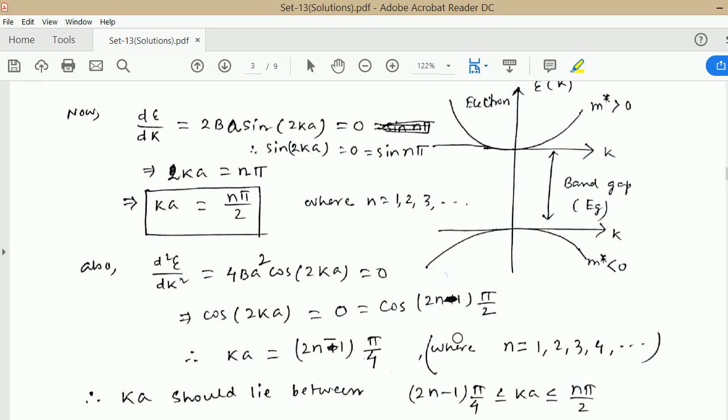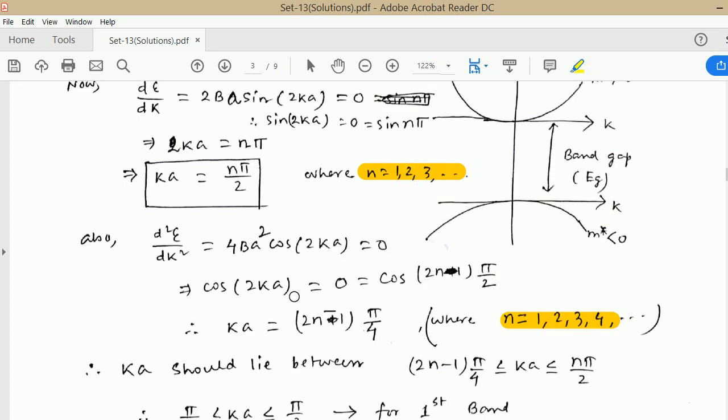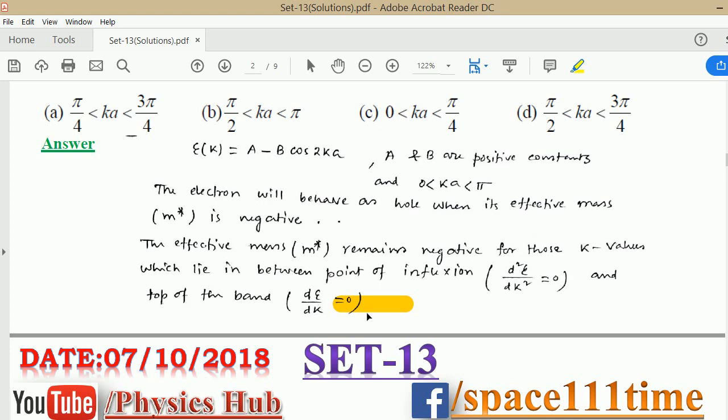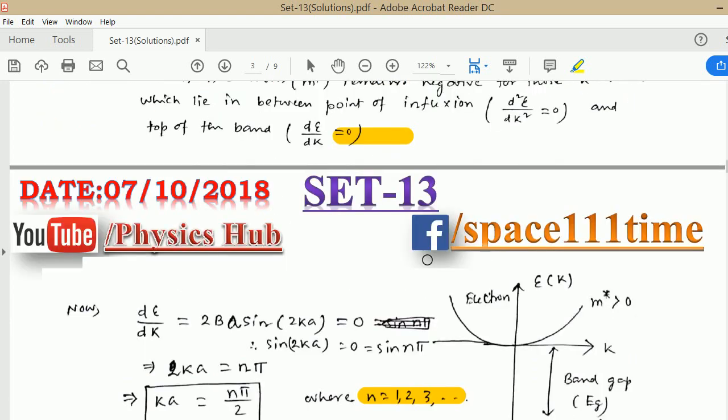We could have written (2n+1), but n should be 1, 2, 3, so we are writing (2n−1). So from these two relationships we can set the value or range of k. Therefore k should lie between d²E/dk² equals 0 and dE/dk equals 0. So this is the range.